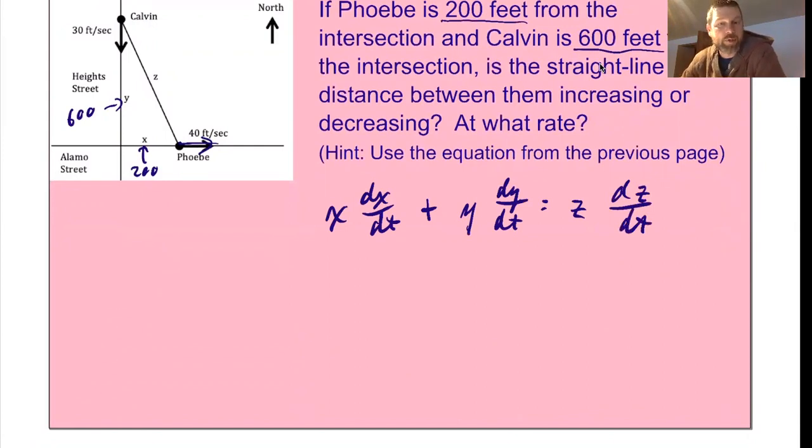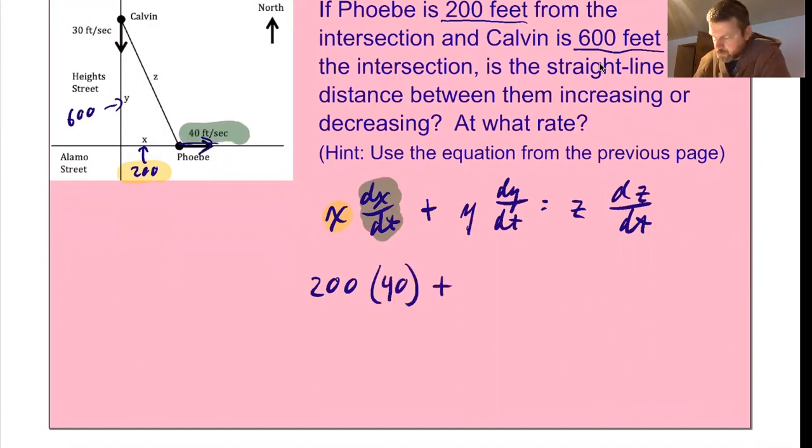Now at this moment in time, we know a number of these values. We know x. x is 200. So instead of writing x, we can put in a 200. We know dx/dt. dx/dt is how fast x is changing. We already answered that in the first part. x is changing at 40 feet per second.